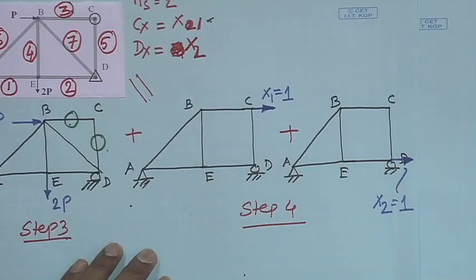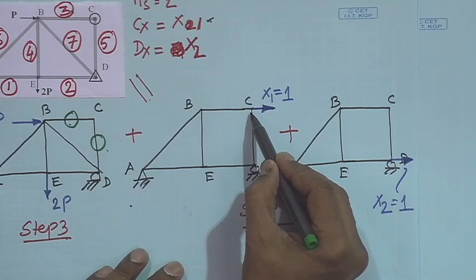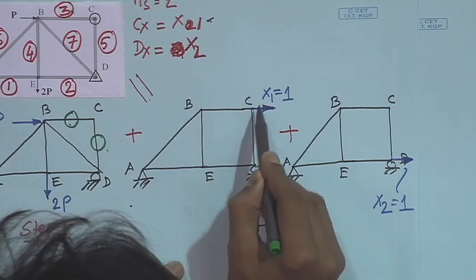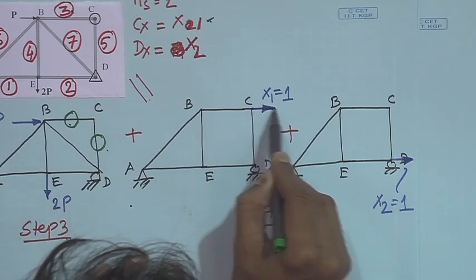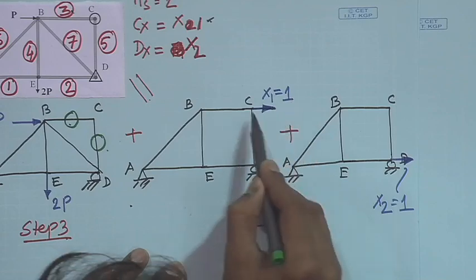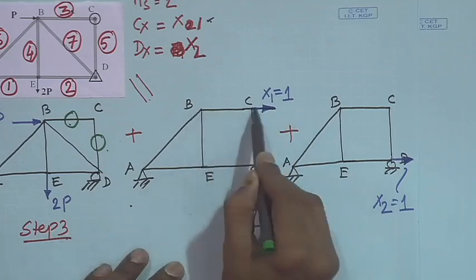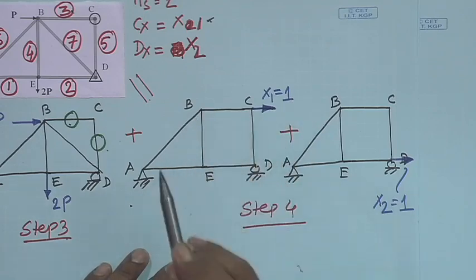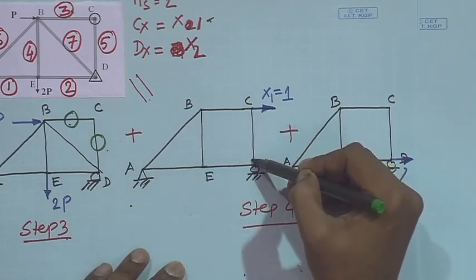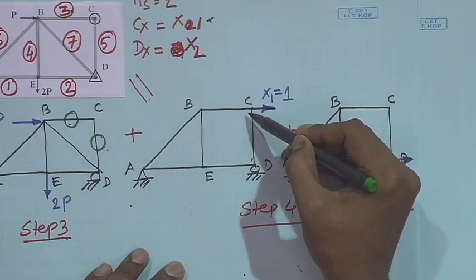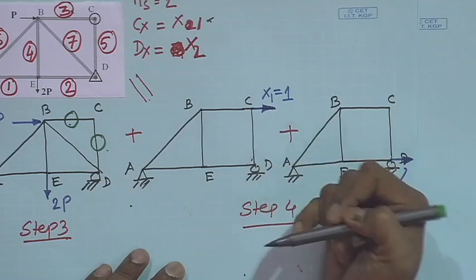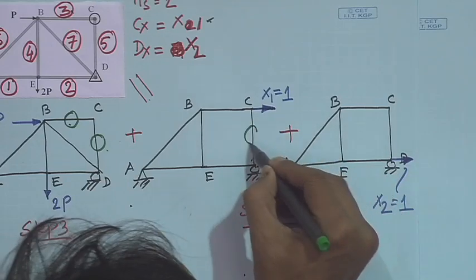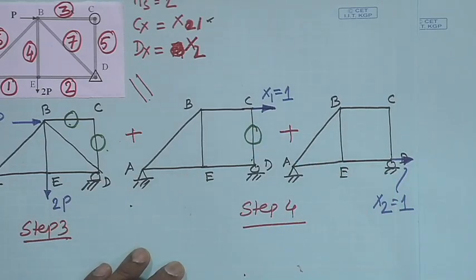So, before you do that, again let us see whether we can identify the zero force members or not. You see, take joint C. Now, joint C has a horizontal load which is 1, and this horizontal load will be balanced by force in member BC. Now, force in member CD is vertical. There is no other vertical force at joint C which can balance the force in member CD. So, naturally it has to be a zero force member. Okay.